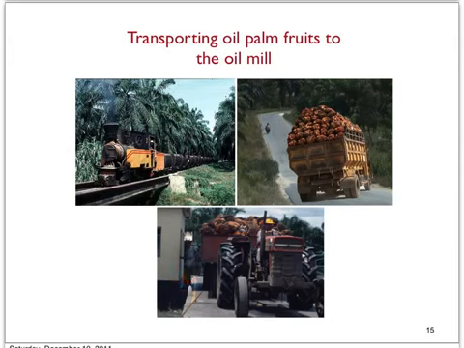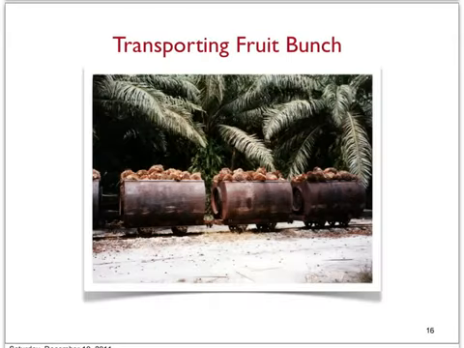As you can see here, the tractor brings a full load of oil palm fruits into the factory to be processed. So if you live near the plantation, you can sometimes see the fruits being transported by train, and this train will go to the factory.